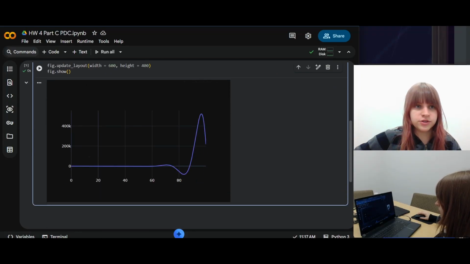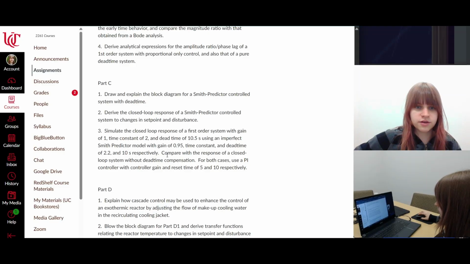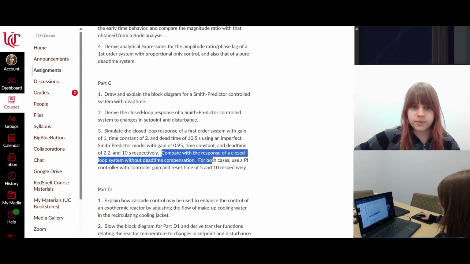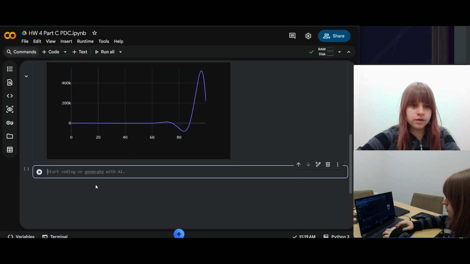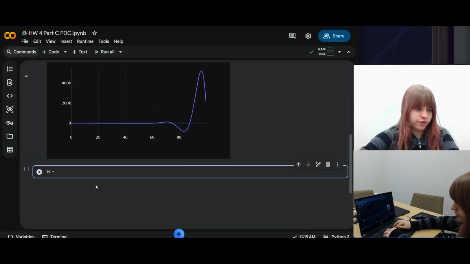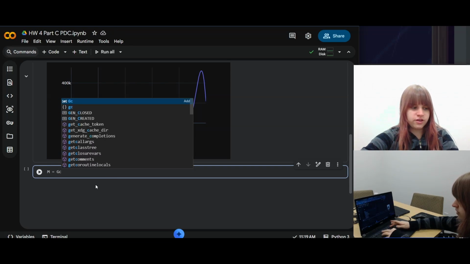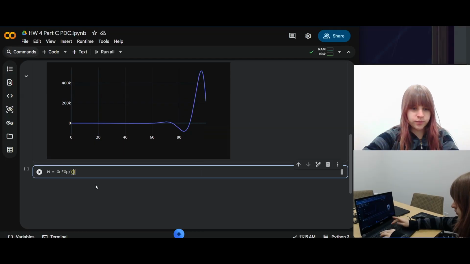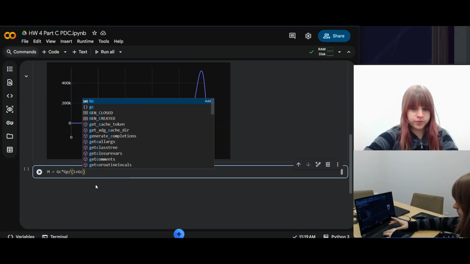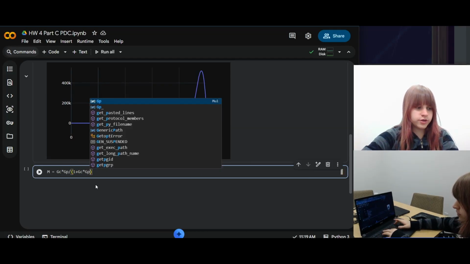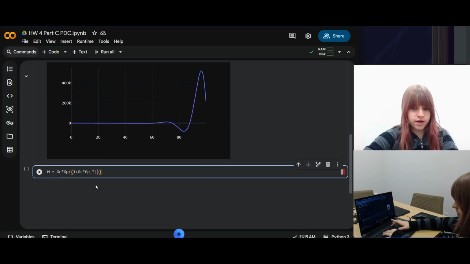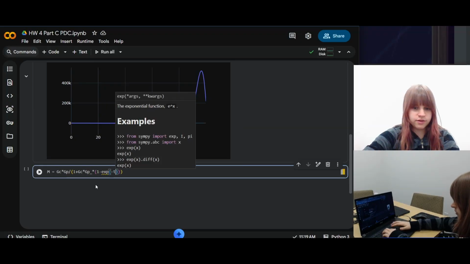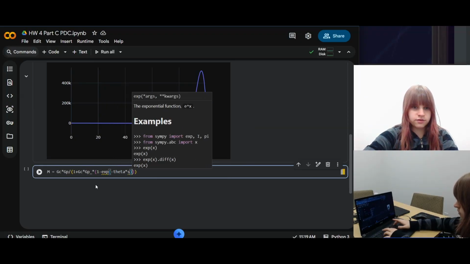And now what we want to do is compare with the response of a closed loop system without dead time compensation. I'm going to call this M, and that is equal to GC times GP divided by 1 plus GC times GP underscore times 1 minus e to the negative theta s.